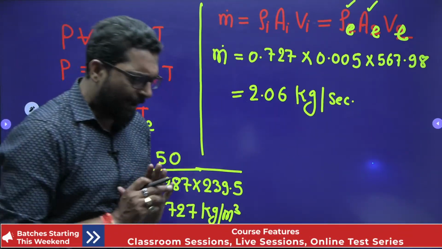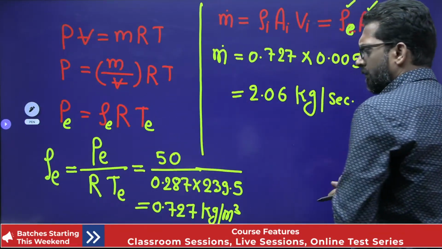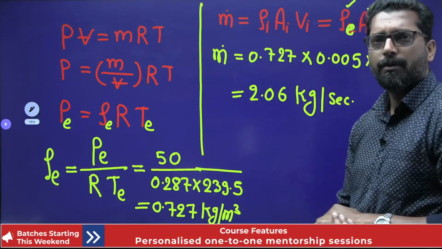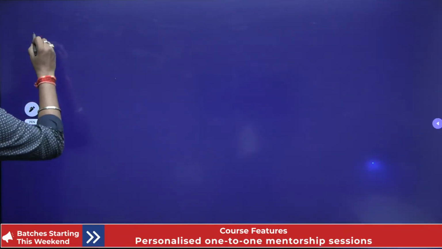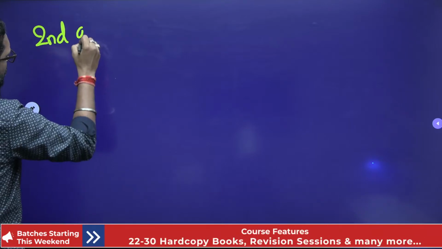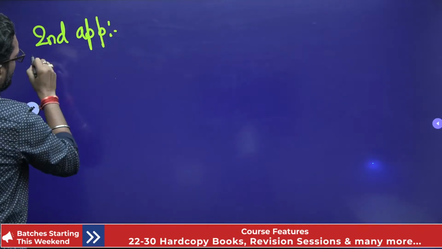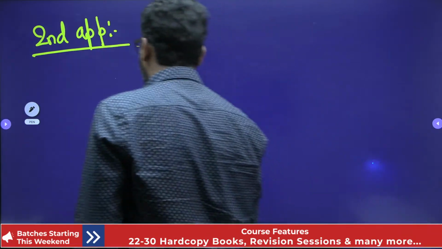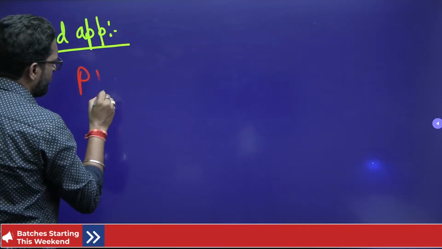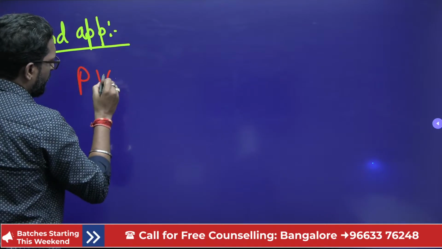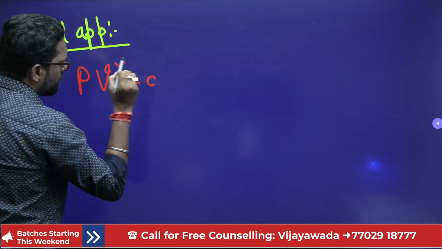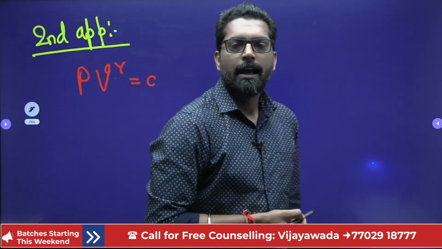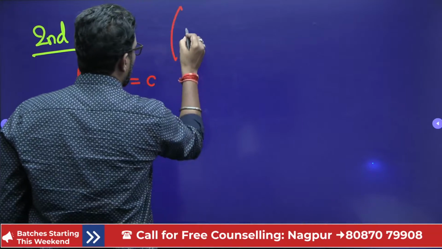Now we can solve very easily, even without this one. What is the second approach? Since it is an isentropic reversible process, we can apply P v to the power gamma equal to constant, where small v is the specific volume.